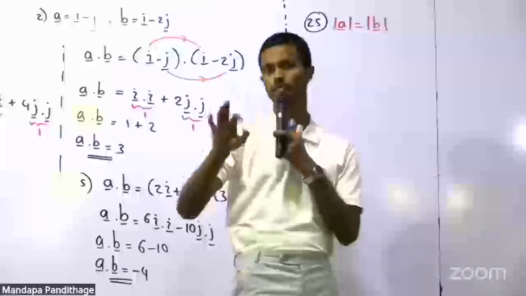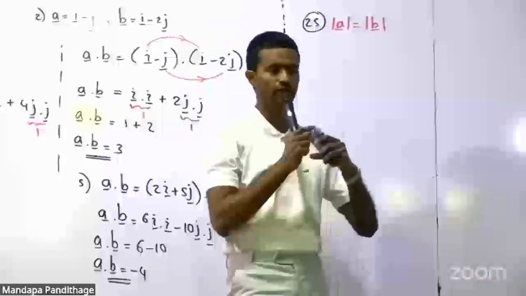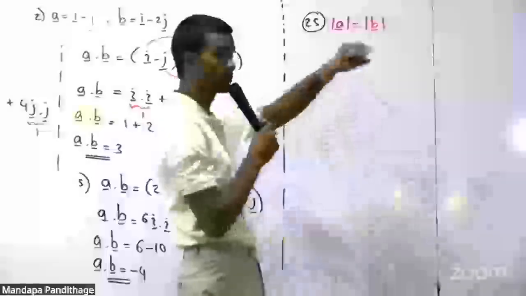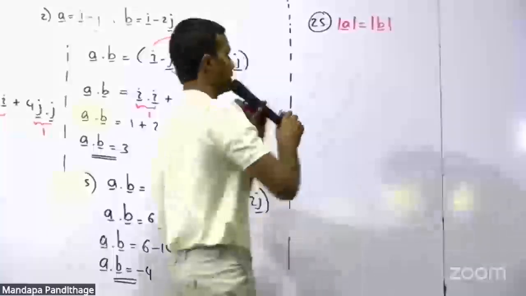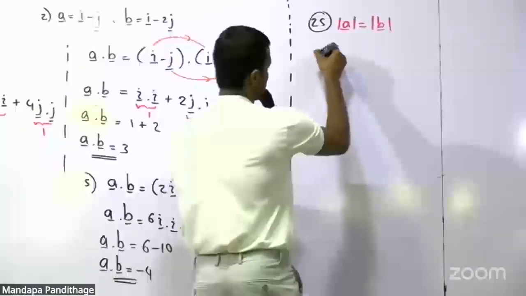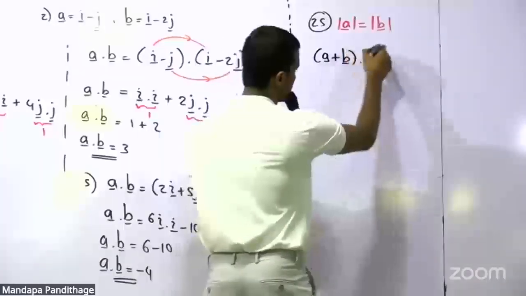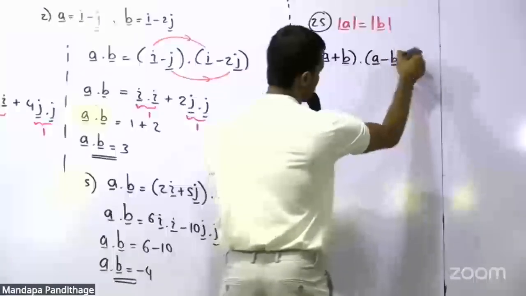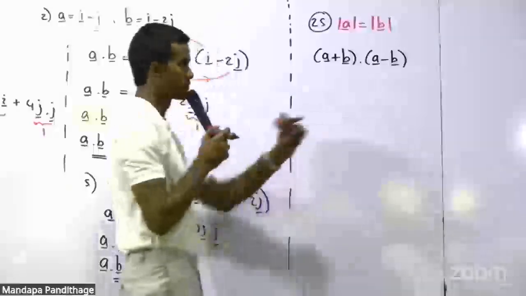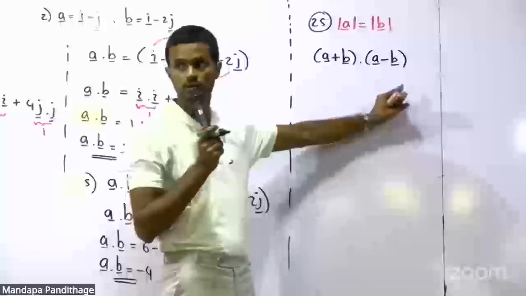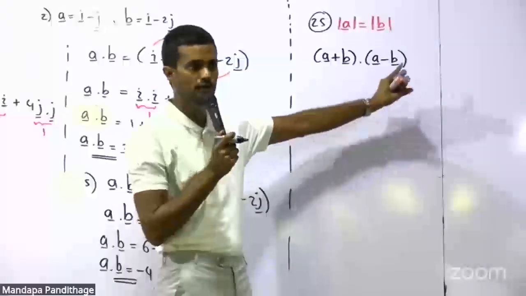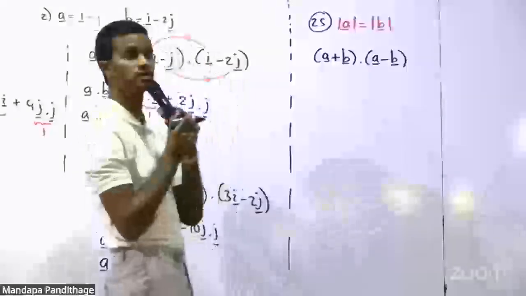So start from the dot product of the two vectors. Then I have A plus B dot A minus B, because my intention is to show that this is equal to 0.